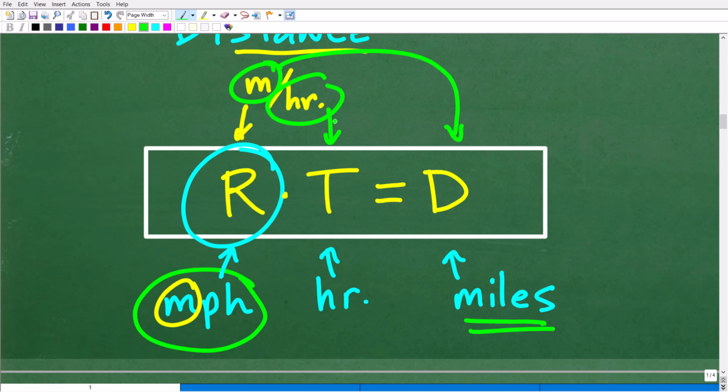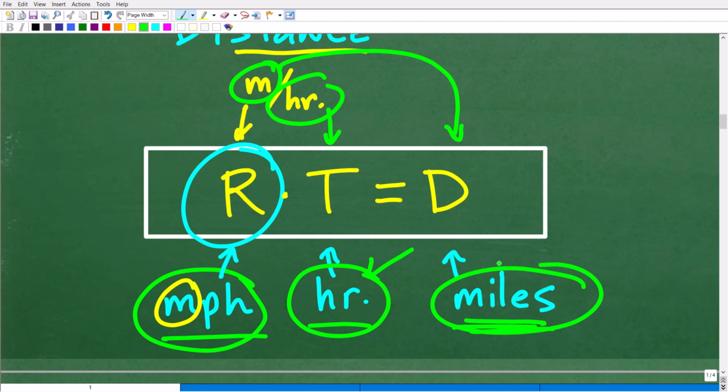So in other words, to use this formula, rate times time is equal to distance, if my speed is measured in miles per hour, then my time has to be in hours and my distance has to be in miles. Now, if your time, for example, is in minutes or seconds, you have to convert it so that it's in hours. If your distance, for example, was in feet, you would have to convert it to miles if you were working with miles per hour.